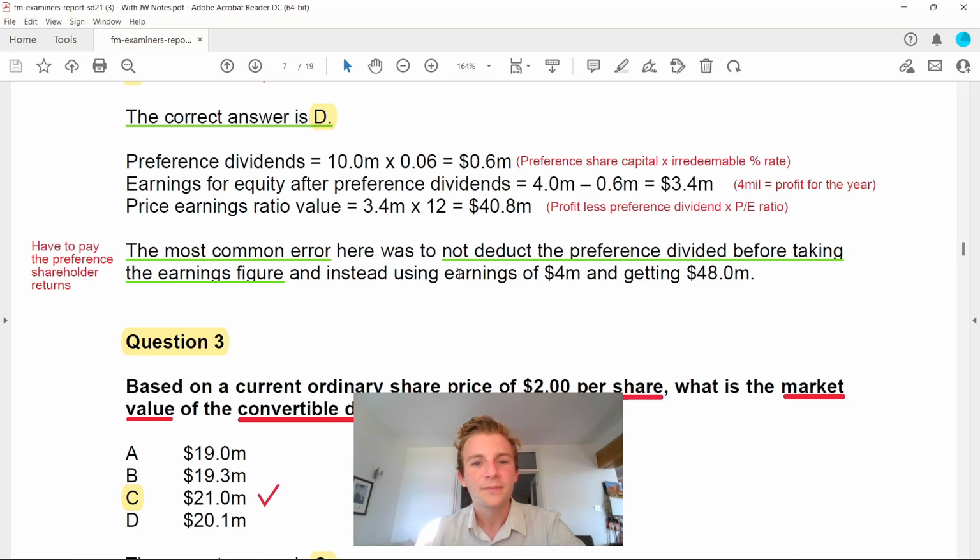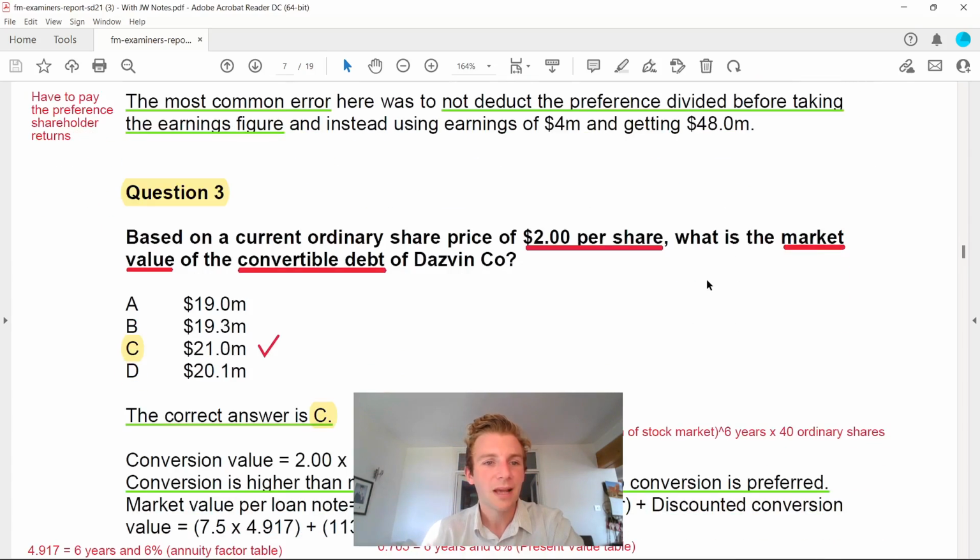So that is where not to deduct the preference dividend before taking the earnings figure, and instead using the earnings figure of 4 million and getting 48 million as a result. So just have a look back at the question up above. I want to just keep rolling through, so you can pick up on what the external examiner was saying for those most common errors.